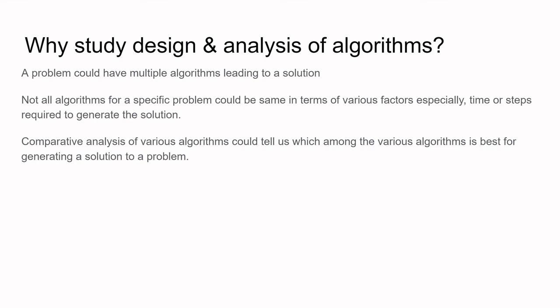So that's why we analyze algorithms, because multiple algorithms could lead to a solution and we are always in search of a good algorithm which gives us better results in a quick amount of time, requiring less cost. So cost could mean various other factors as well. It could be space, memory requirement, number of I/O accesses, or any other number of file read operations in general computer terms.